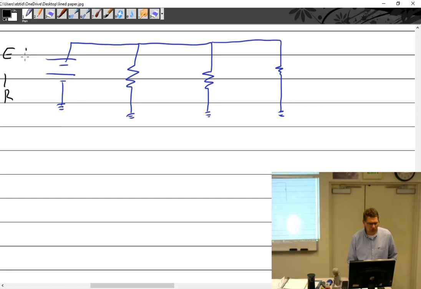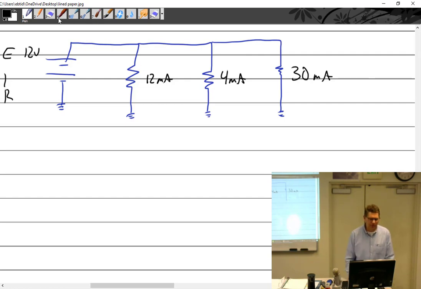Let's see. 12 volts. And 12 milliamps. 4 milliamps and 30 milliamps. Let's try that. Oops, I'm sorry.